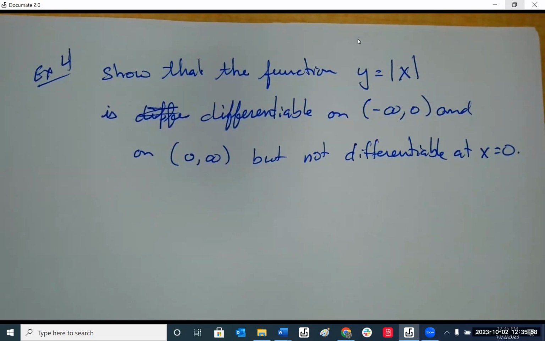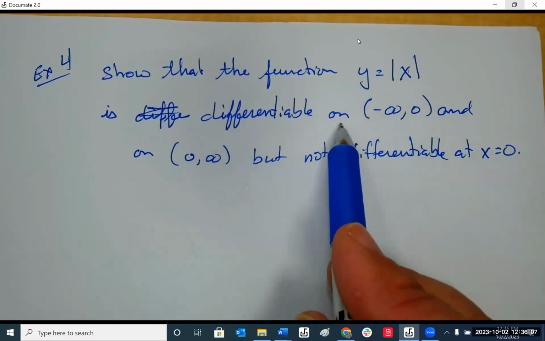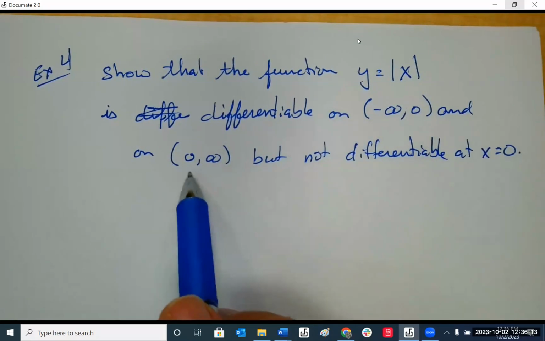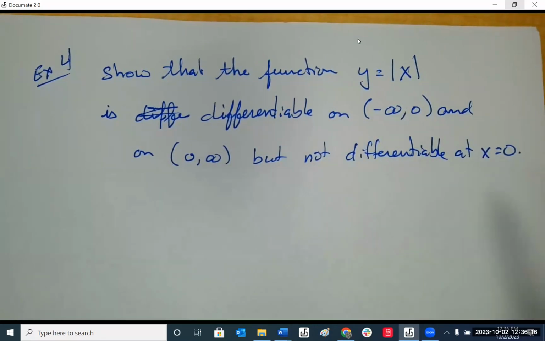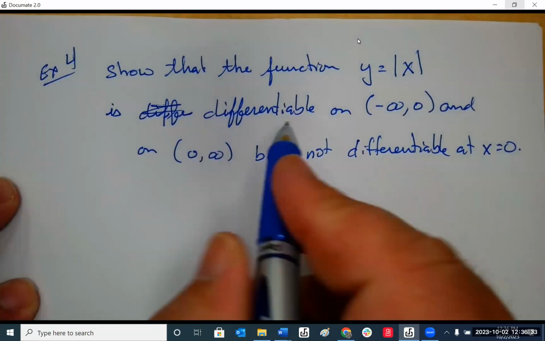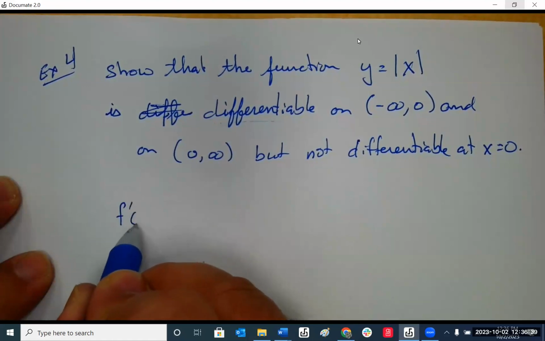So why do you think? Show that the function y equals absolute value of x is differentiable on the left side, negative infinity to 0, and on the right side from 0 to positive infinity, but not differentiable at x equals 0. This was pretty tricky because remember, if it's differentiable, that means a derivative exists, right? So we're looking at f prime exists.